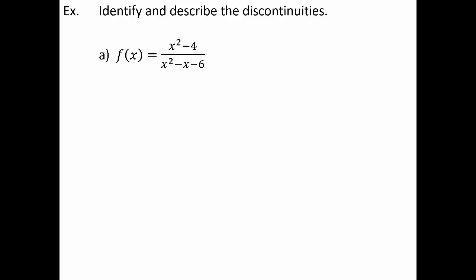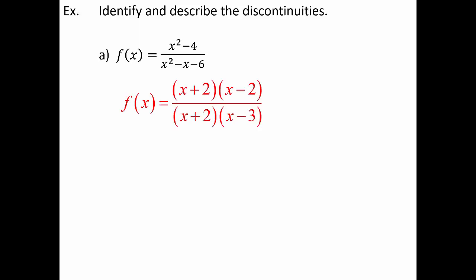Just like we did in lesson 2.4, where I wanted you to identify holes, vertical asymptotes, and all that stuff, we're going to start by factoring everything out. Factor the top, factor the bottom. Discontinuities are anywhere that the bottom equals 0. So finding discontinuities is just like finding domain restrictions. It's literally the same thing, just calling it something different.